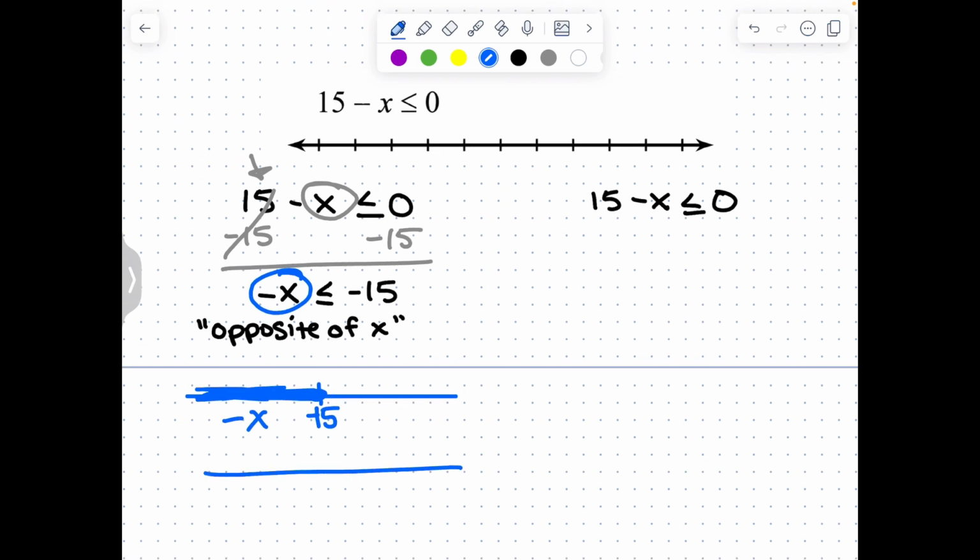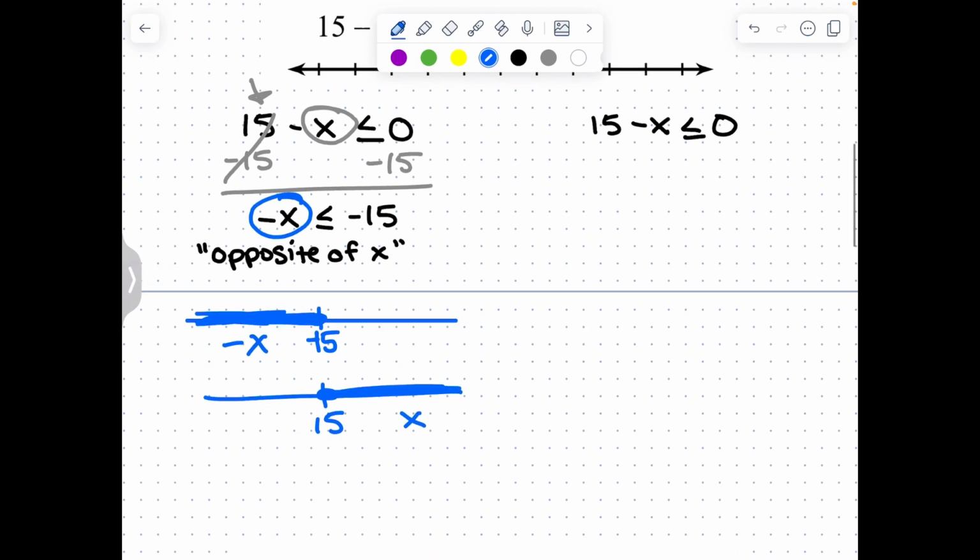So this would be almost the same thing as putting a positive 15 there and saying x is over here. So really what this is going to turn out to be is that x is greater than or equal to positive 15. And I know that's kind of a weird way to think about it.